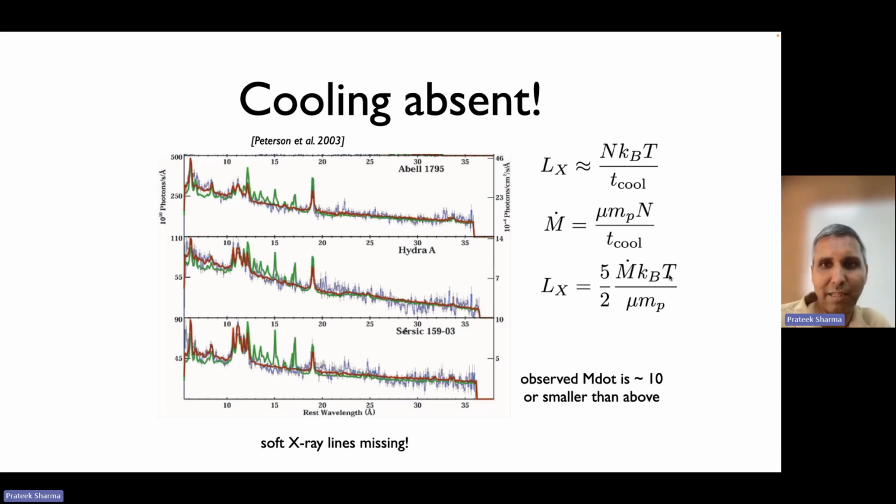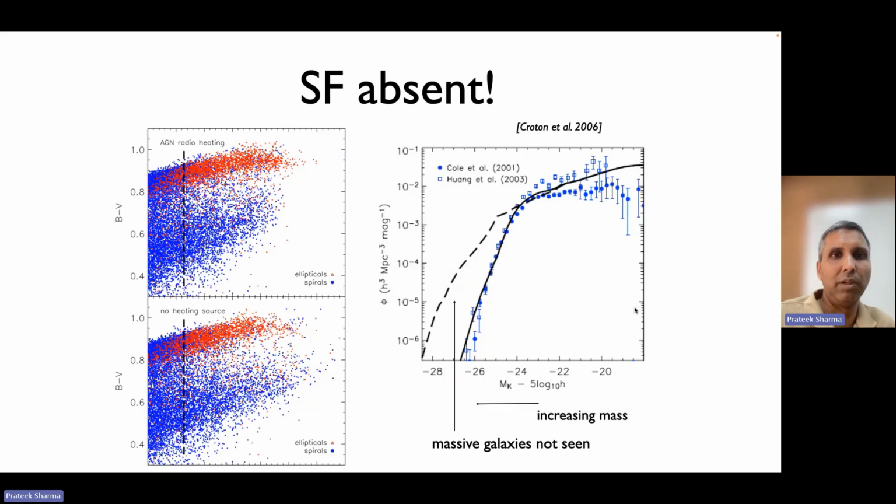So you know the cluster temperature, you know the X-ray luminosity, you can actually calculate m dot, right? k_B and m_p, all these you know. The X-ray luminosity of the cluster is a measurable quantity. The cluster temperature has been measured by those profiles. So you know m dot, and the observed m dot is almost always a factor of 10 smaller than this estimate. Okay, so this is another reflection of the cooling flow problem.